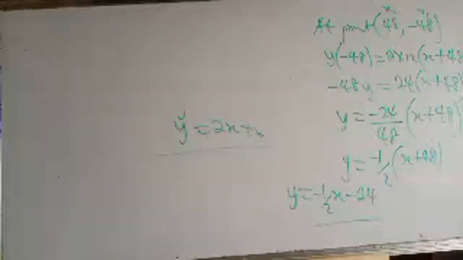Now, for them to intersect, the value of their y will be the same. Because the question says these tangents are at right angles and asks for their point of intersection, you can just equate this to that.